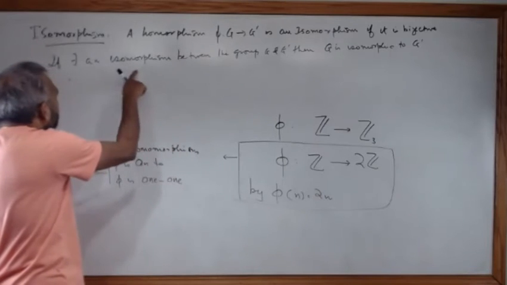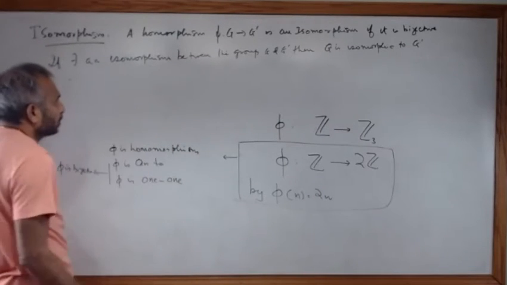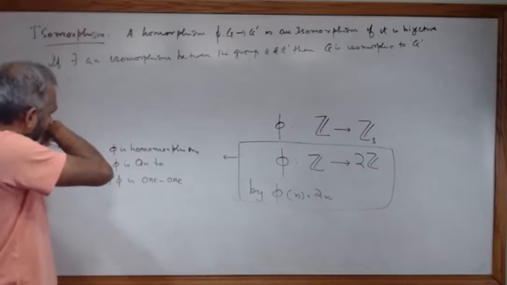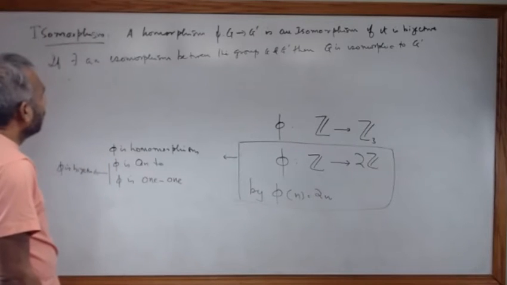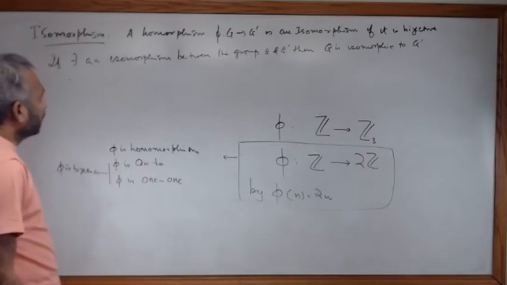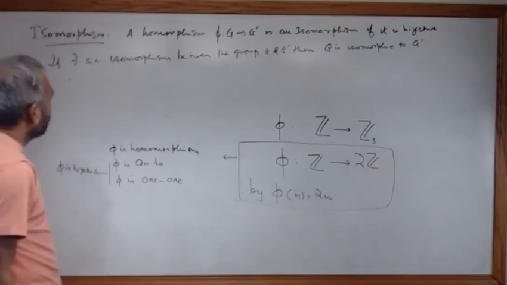Because if it's a bijective homomorphism, its inverse is also a homomorphism, and it's a bijective map, so the inverse is also an isomorphism.